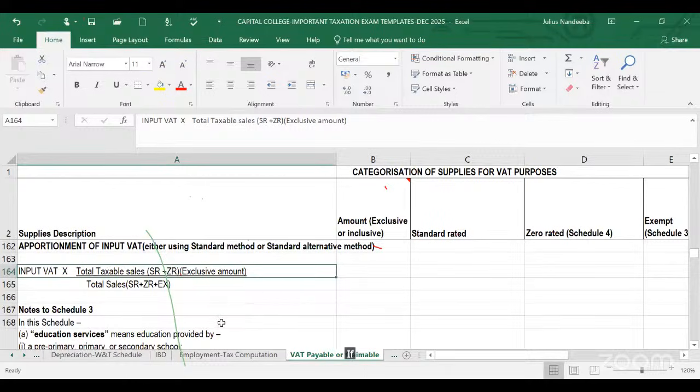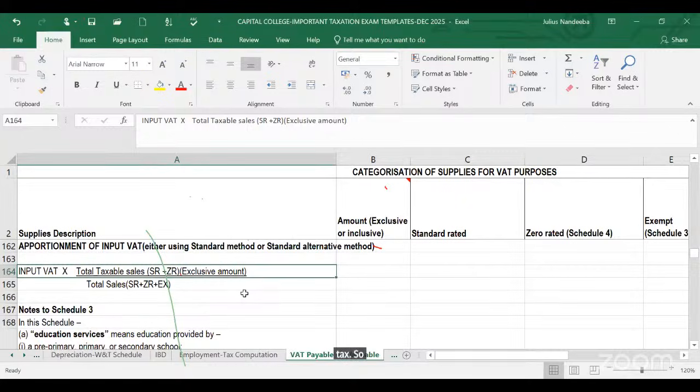If this formula gives you a percentage of 95% and above, you're simply saying over 95% of my sales are taxable, so there is only a small part that is exempt. The law says don't even apportion, take the whole of input tax.